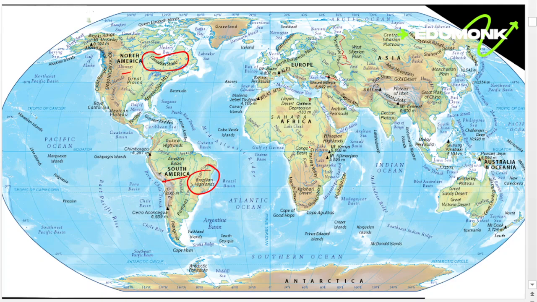The first one is Western Africa. The second one is Central Africa. The third one is Northern Africa.